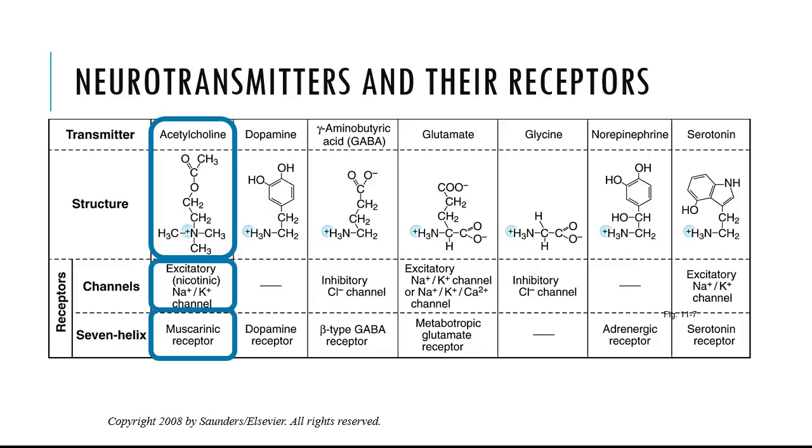So it's variable because we're using a G protein. The muscarinic receptors give us more complexity in activating various target cells in the presence of the same neurotransmitter, acetylcholine.